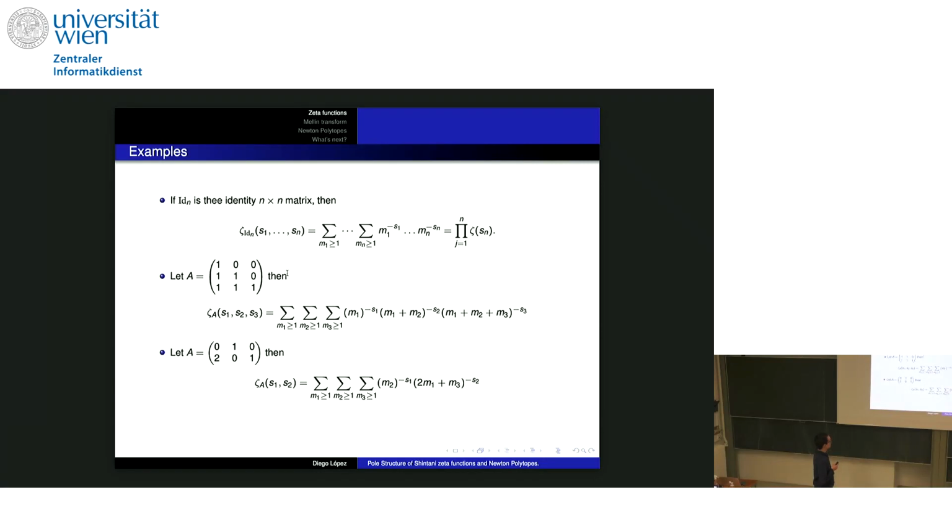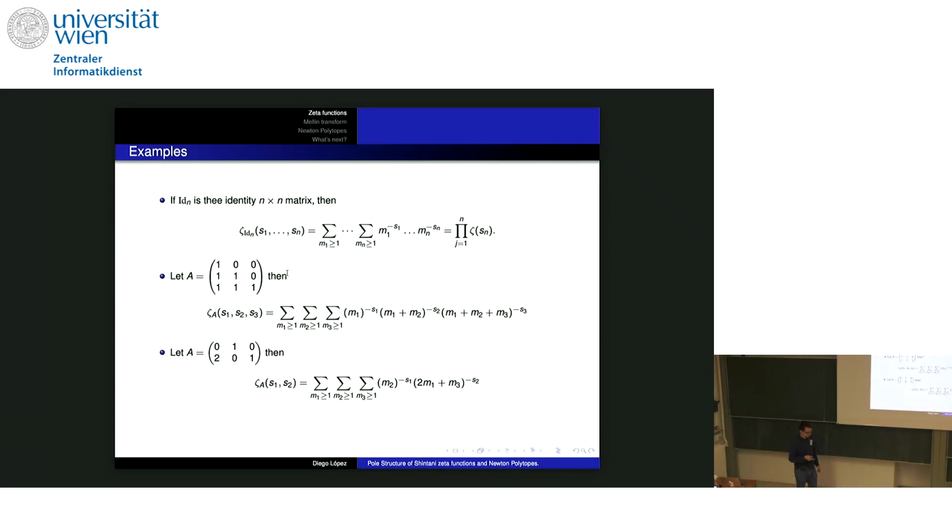So for the identity, the related Shintani zeta function is just the product of n copies of the usual Riemann zeta function. If A is a triangular matrix with ones on the diagonal and under it, then we recover the multi-zeta functions. But it can be even more general: if A is not a square matrix, then we have something like that, for instance.